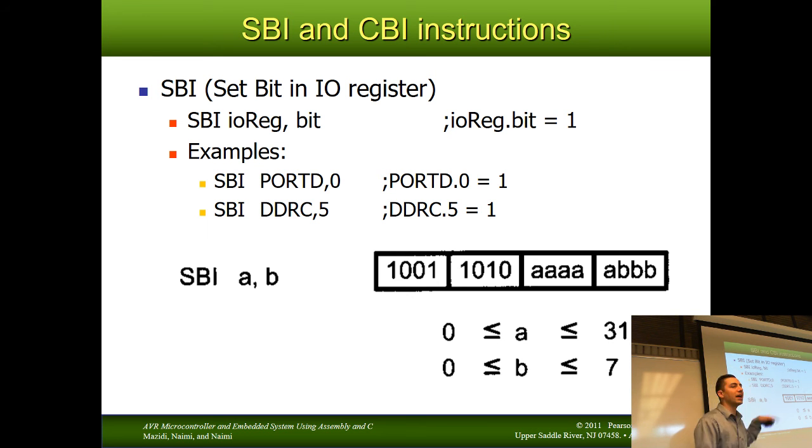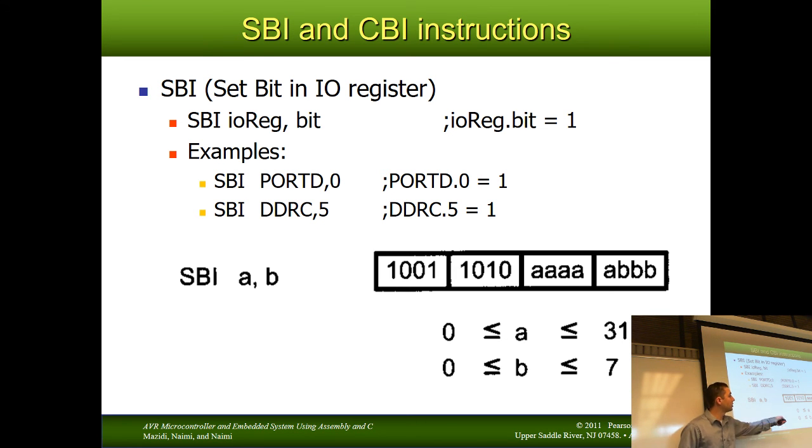When I say SBI PORTD, 0, that doesn't set port D to be 0. It actually is always going to set something to a 1. SBI, for set, is a 1. This is sort of pseudo code, not real C code. Port D pin 0, or bit 0, is going to be set to 1 without affecting any of the other bits. Setting DDRC bit 5 to be a 1.